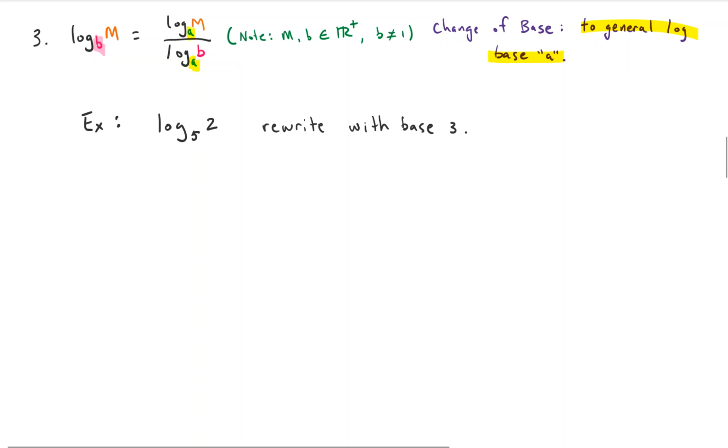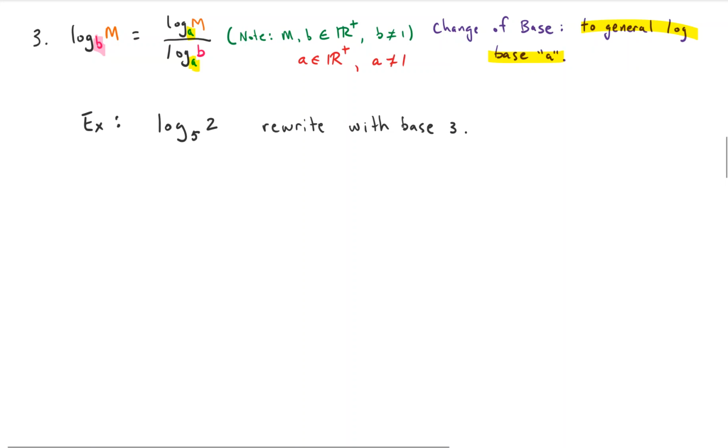And we're assuming that a isn't 10 or e, or we could use one of the two previous formulas. So again, m and b are elements of the real numbers, and b cannot equal 1. And I should note, because it looks like I forgot it, a is also an element of the positive reals, and a cannot equal 1 because a is a base.